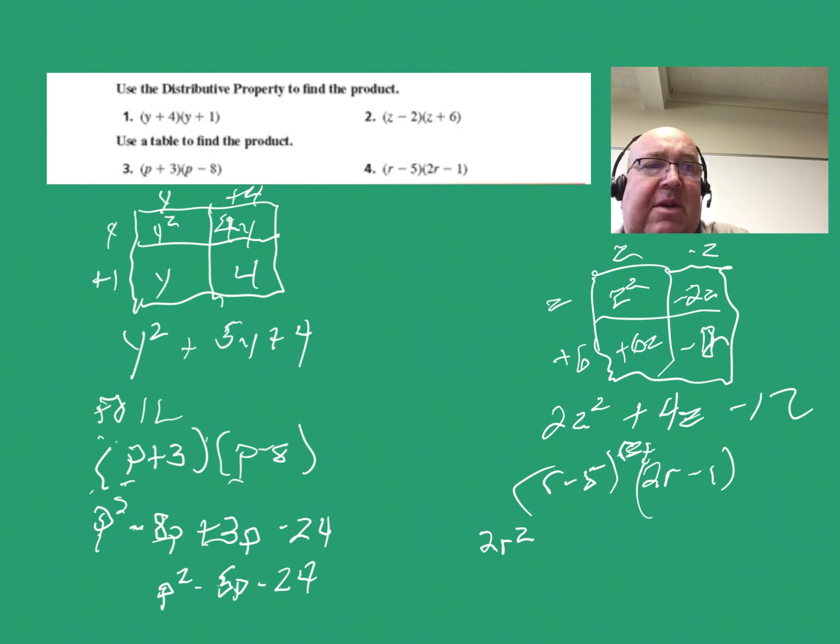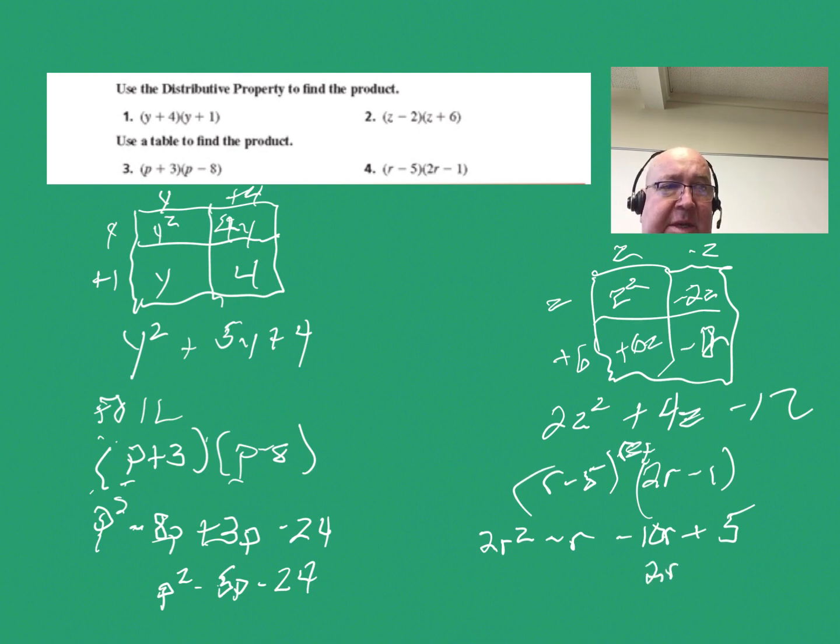Outside terms, r times negative 1 is minus r. Inside terms, negative 5 times 2r is negative 10r. And our last terms, negative 5 times negative 1 is plus 5. Combine like terms, 2r squared minus 11r plus 5.